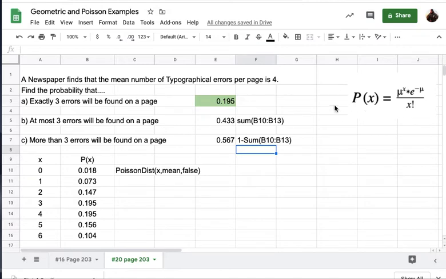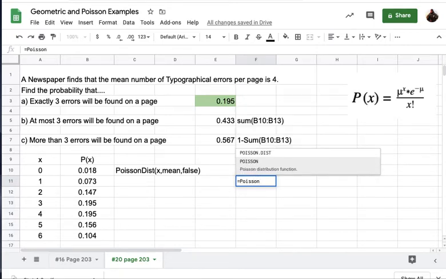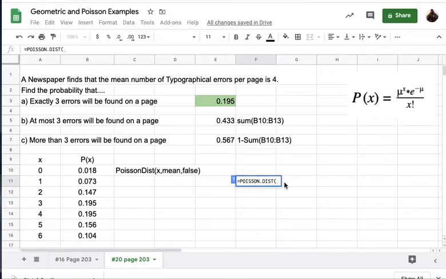I don't want to delete my equation there, but we'll just go ahead down here and do it and tell it equals Poisson distribution, and we'll tell it x is 3, mean is 4, and we'll tell it true, telling it to do a sum of 0, 1, 2, and 3. We should get 0.433 again, and look at that, we did.